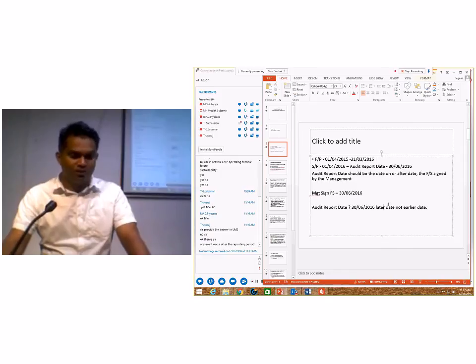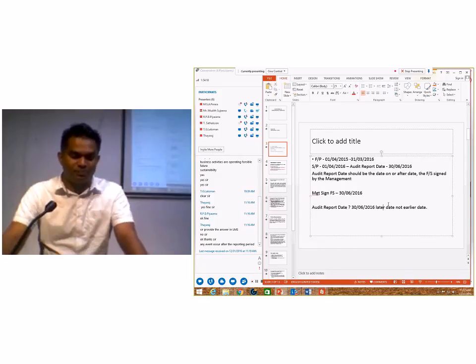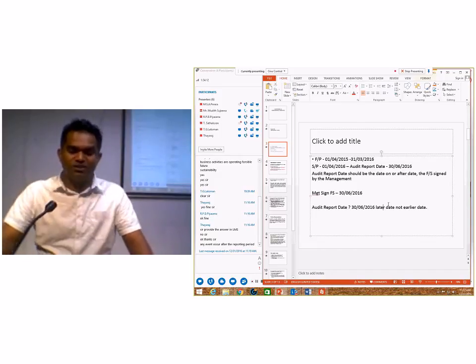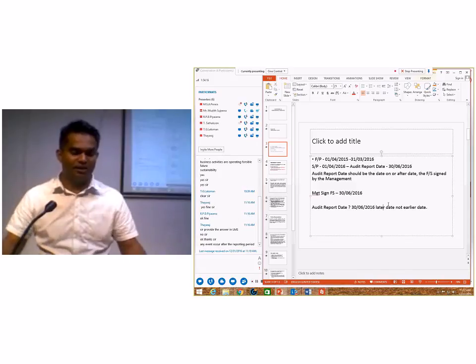So the subsequent period means immediately after the reporting period, that is, as per this example, 1st April 2016 to the audit report date, which in practice would be 30th June 2016. That is the subsequent period. Are you clear on that?